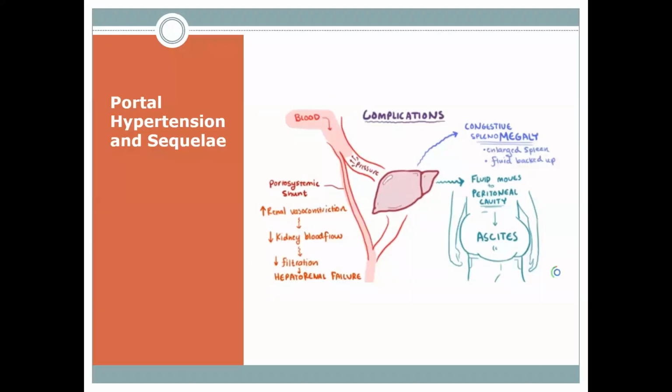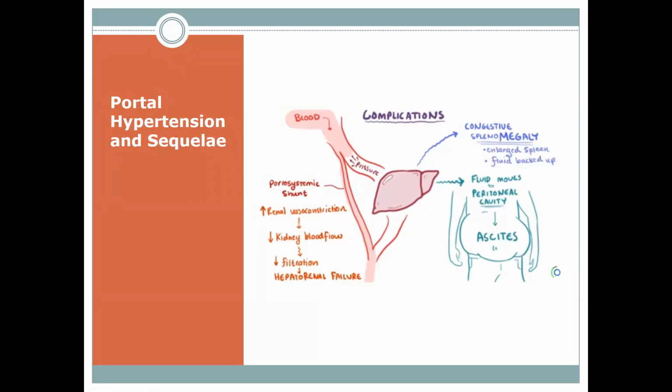Now, actually what you find here is something that we're going to be talking about, hopefully, in the second lecture. As a result of the fact that you now have obstruction to the flow of blood into the liver, there is also shunting between the portal and the systemic circulation.